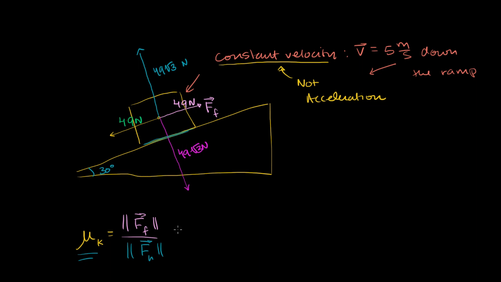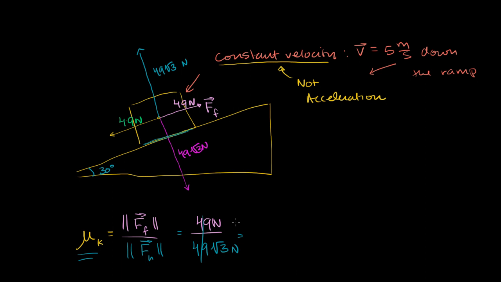So given this right here, let's figure out, for the sake of doing it, the coefficient of kinetic friction here. The force of friction here, completely offsetting the parallel force of gravity, parallel to the surface, is 49 newtons. And the normal force here, the force of contact between this block and this wedge, is 49 square roots of 3 newtons.